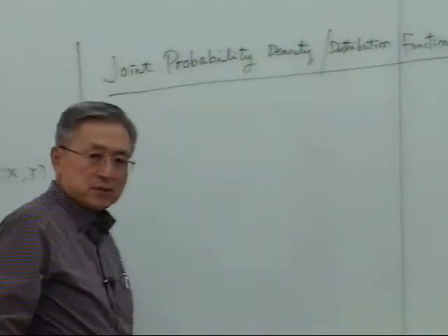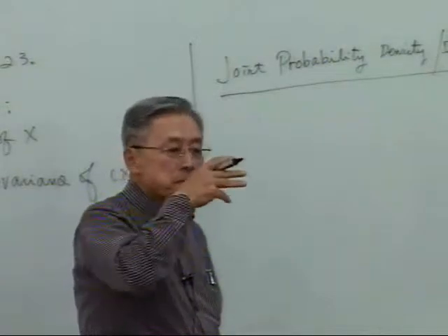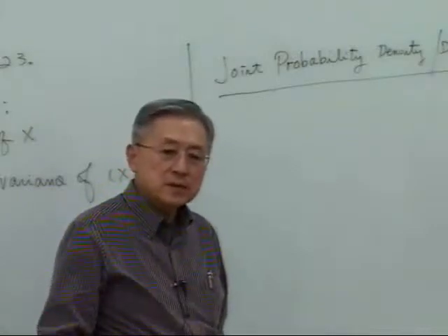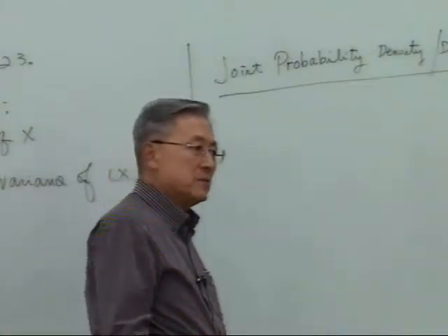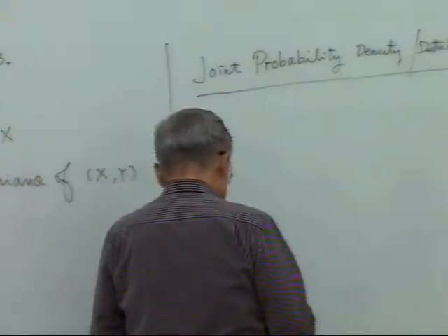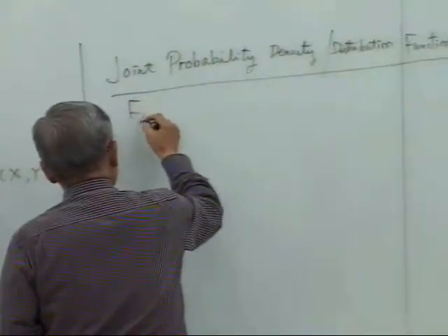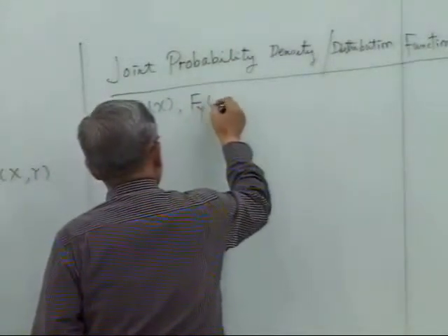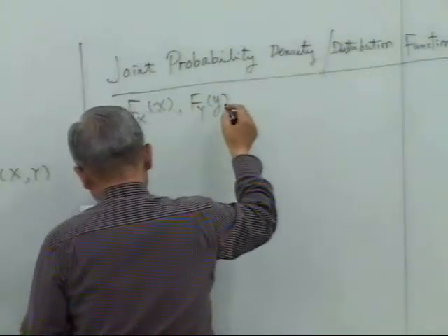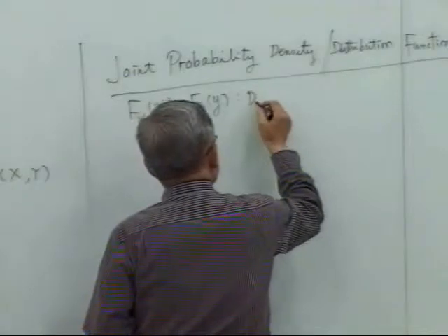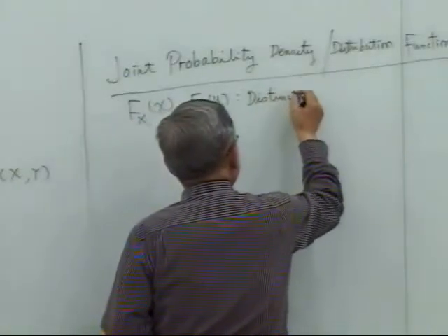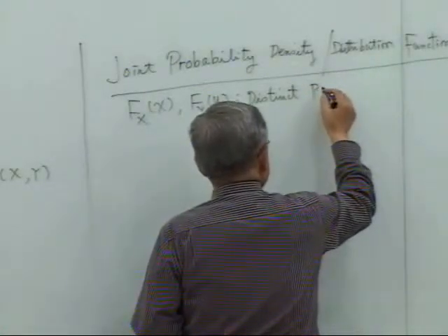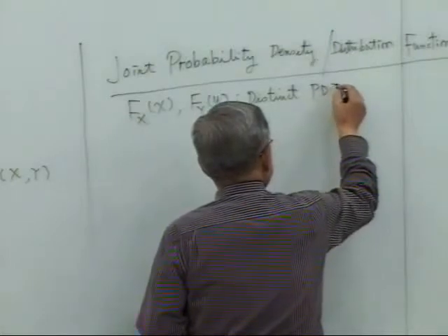Joint probability density function, you are dealing with two random variables here. It can be a multi-number of variables. First, I can say F, the probability distribution function.